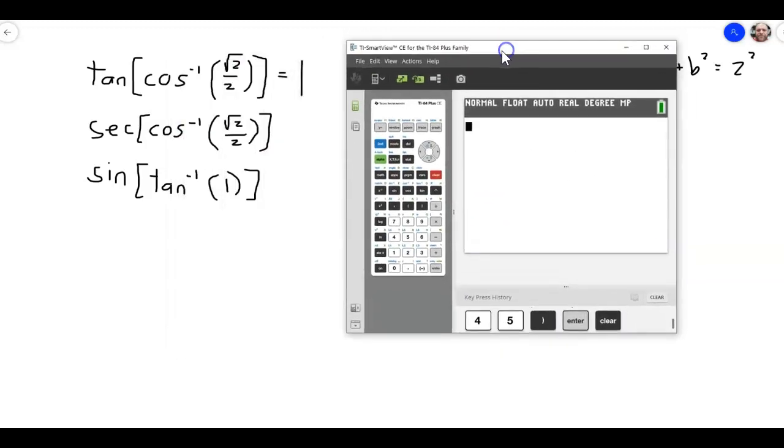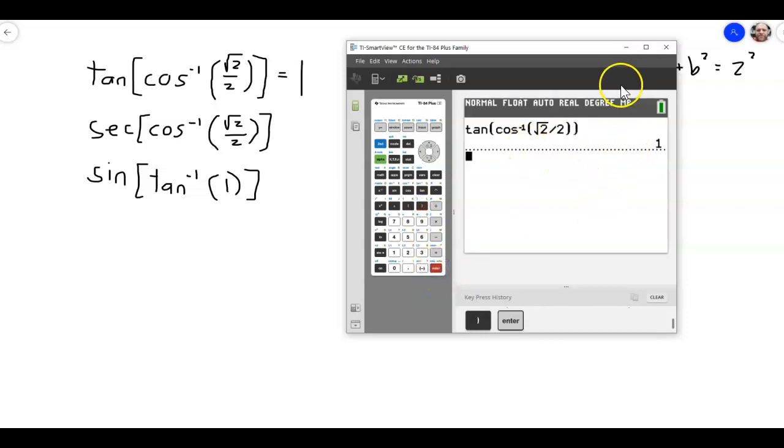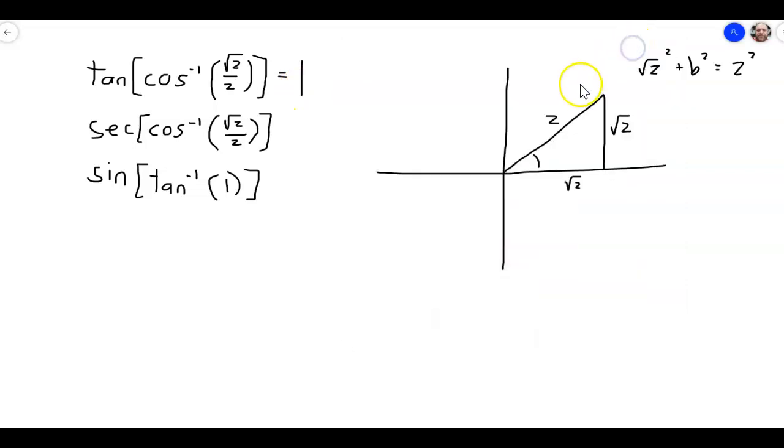All right, we can probably put this in as one function or do it separately. Let's try to do this as one here. So the tangent of the inverse cosine of the square root of 2 divided by 2. Close parentheses, and sure enough, that is 1. So, good way to check that.